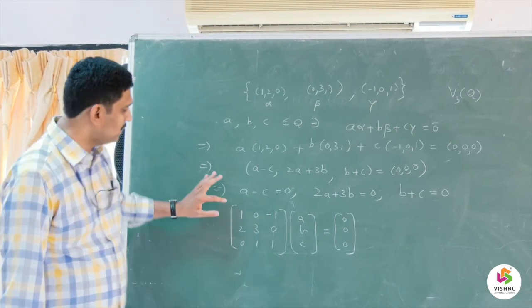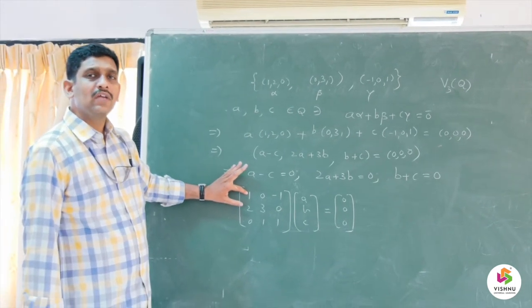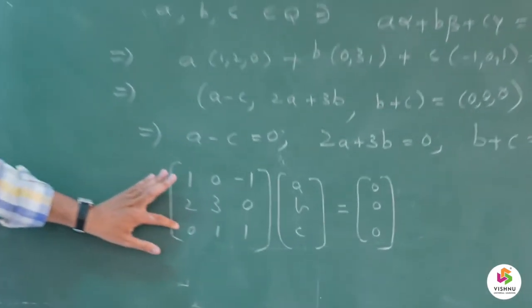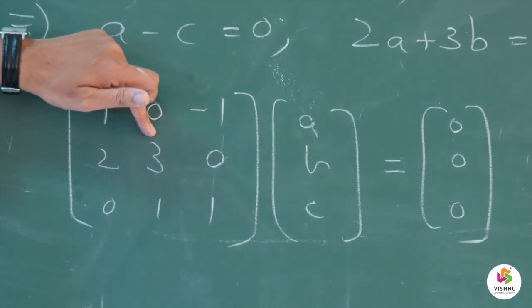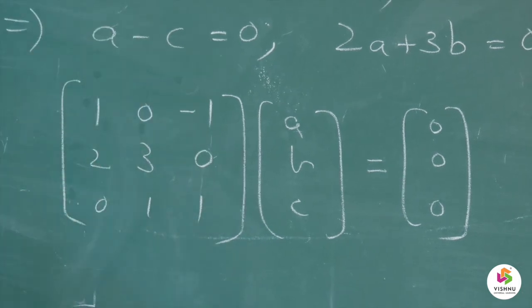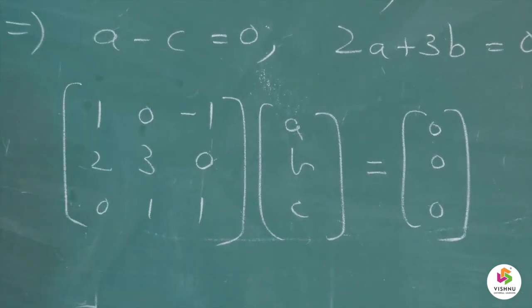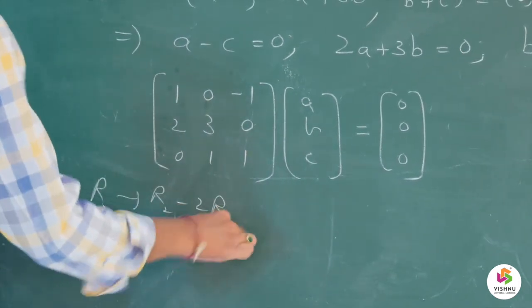So what is the procedure? I will take the first row first element and all the values below this must be 0. Then I take the second row second element, the second diagonal element of the matrix, and all the values below this must be 0. So I apply R2 tends to R2 minus 2R1.